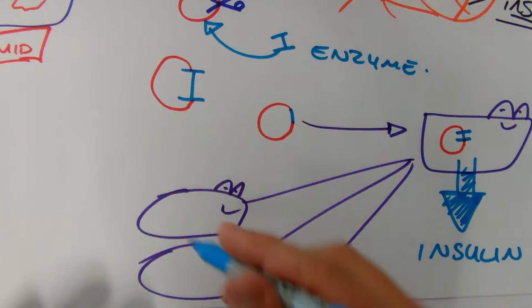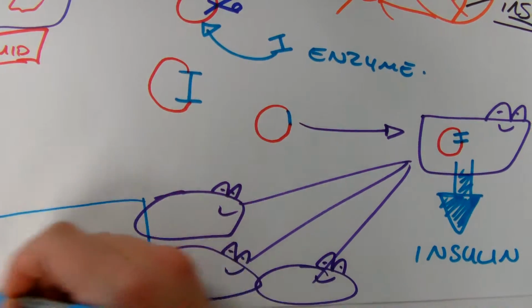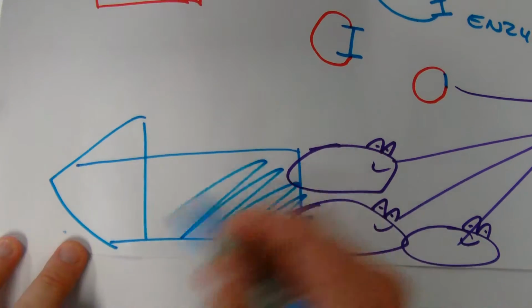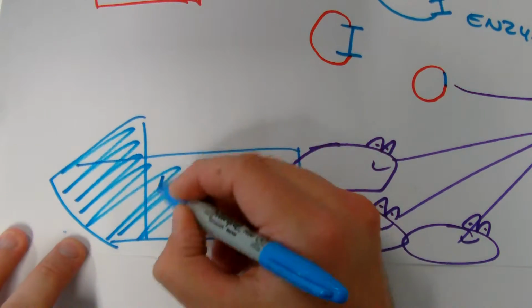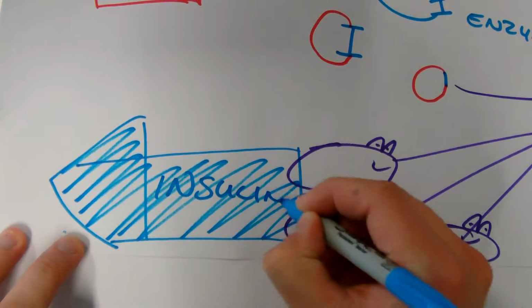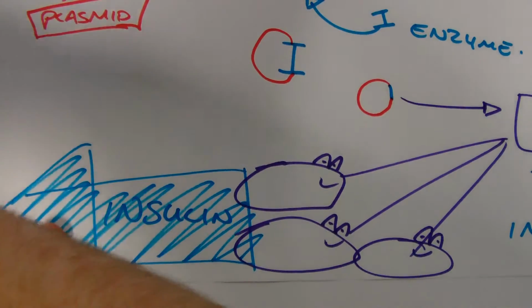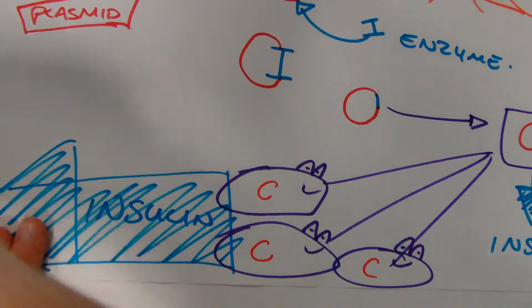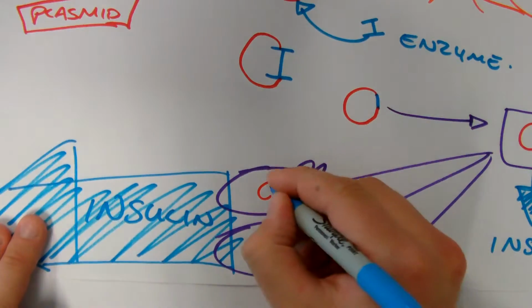And if they make lots and lots of insulin, I can sell it. Oh, and people with diabetes don't die. These guys will all have the same plasmid as my good friend Jim.